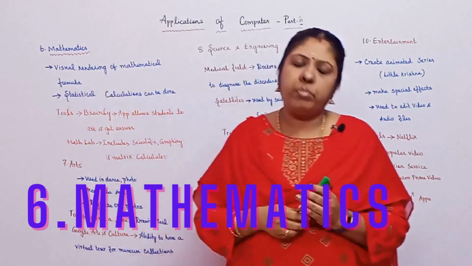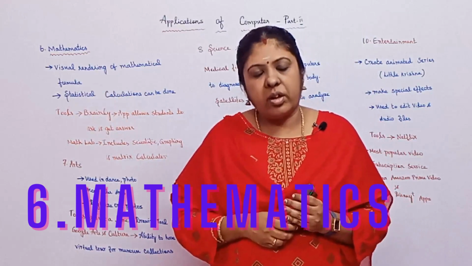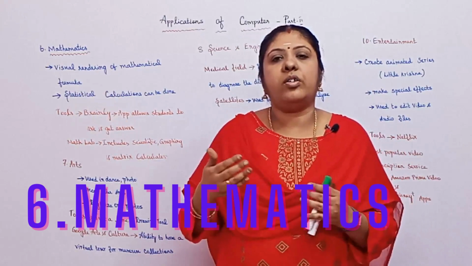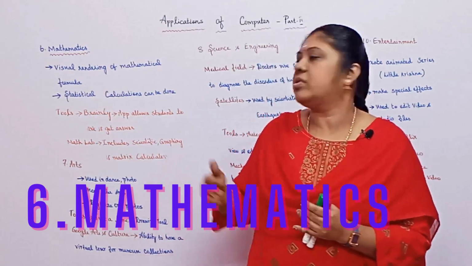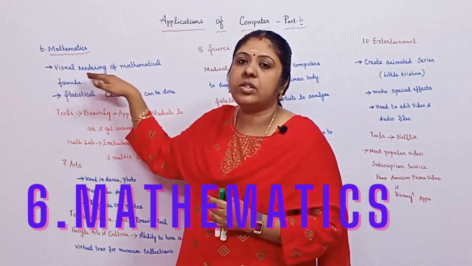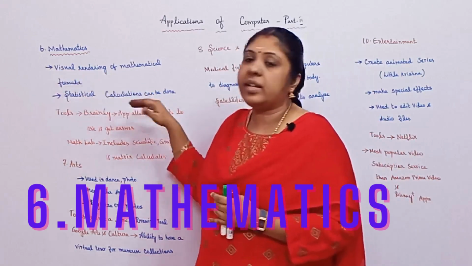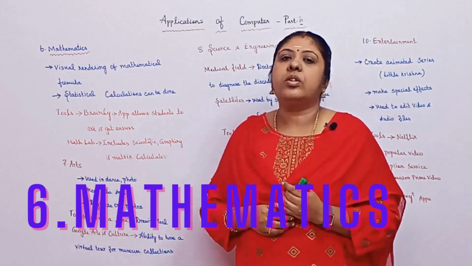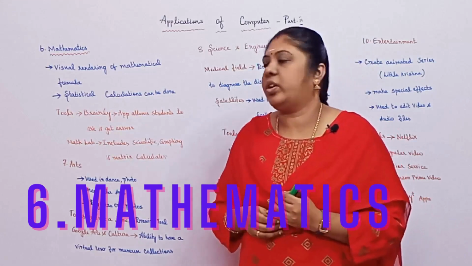Consider a simple example, (a + b) the whole square, which gives a square plus b square plus 2ab. To help each student remember this consistently, computers use visual rendering processes, and statistical calculations can also be done with the help of computers so that it is easily remembered by each student.